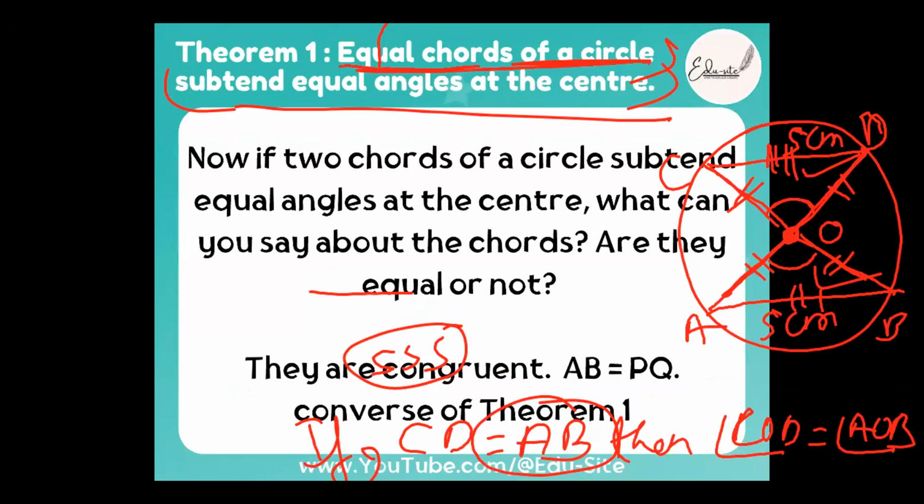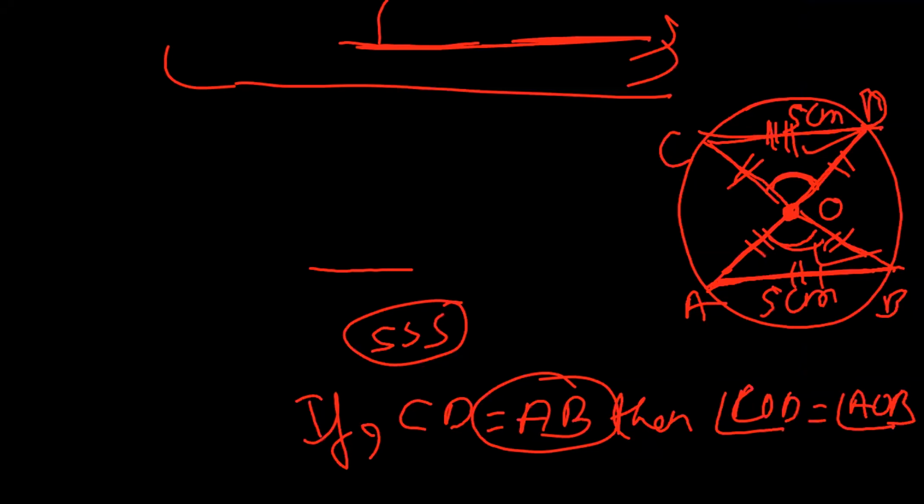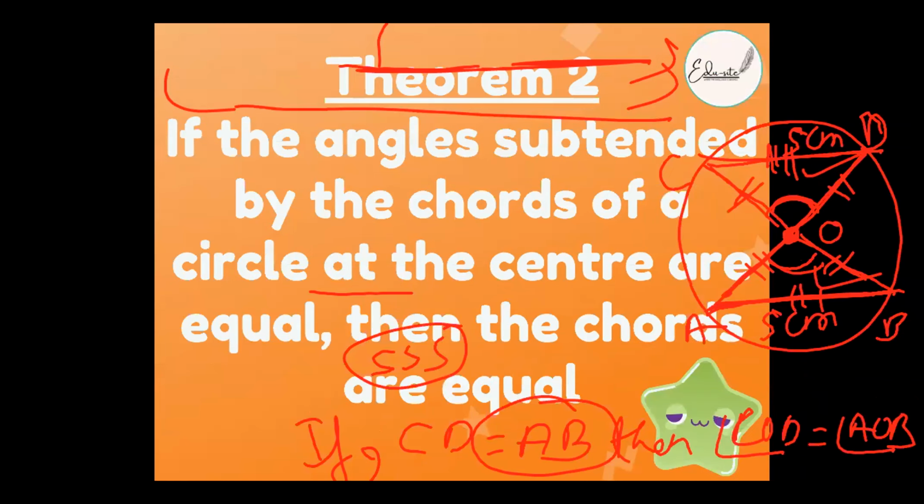The first theorem states that if equal chords are there, then the angles will be equal. Now the vice versa is that first you start with angles. If the angles obtained at the center of the circle are equal, then the chords are equal.